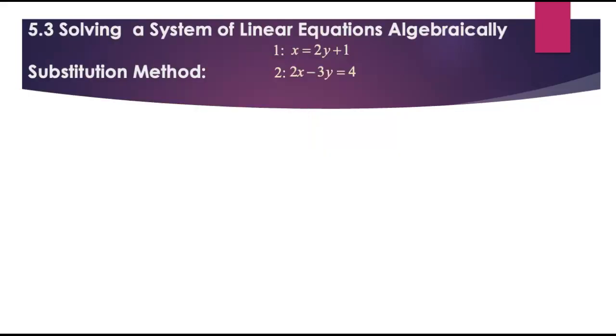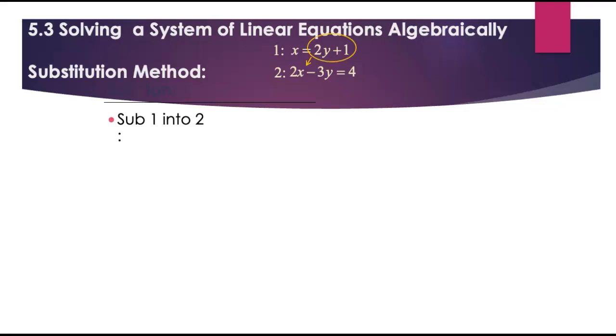So to begin with, let's look at solving a system using the substitution method. So these are our two equations, equation 1 and 2. When we use the substitution method, what we'd like to do is solve for one unknown. In this case, in equation 1, x has already been solved for.